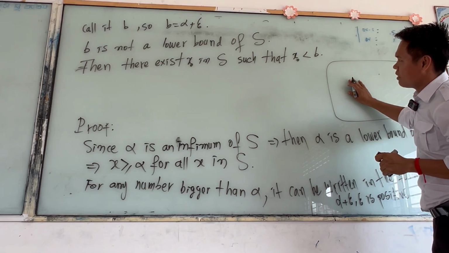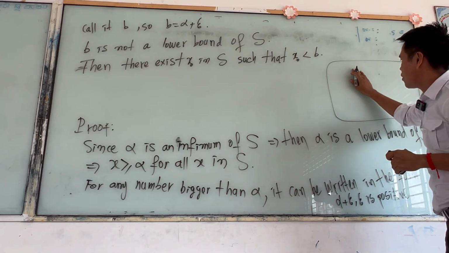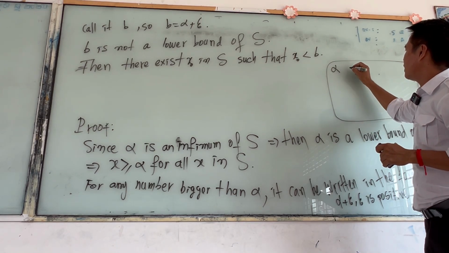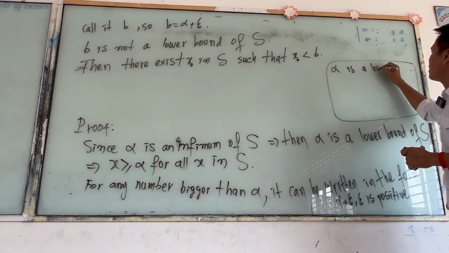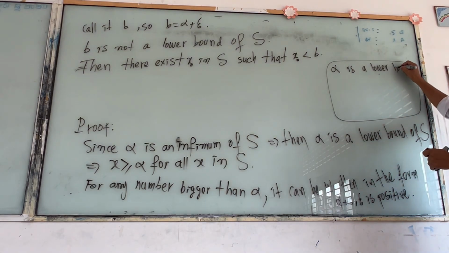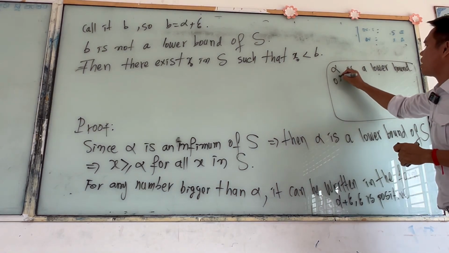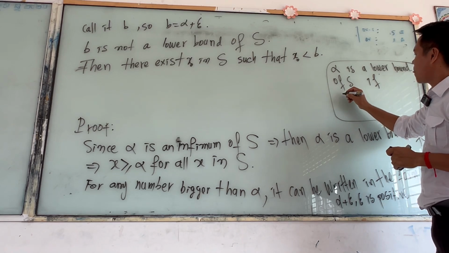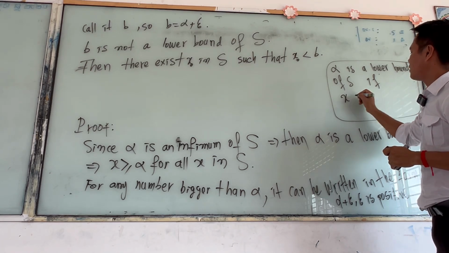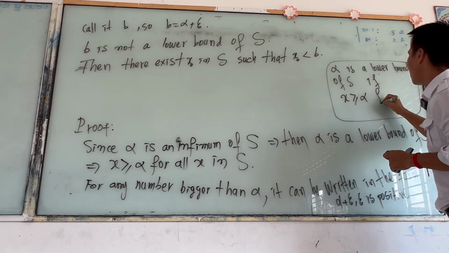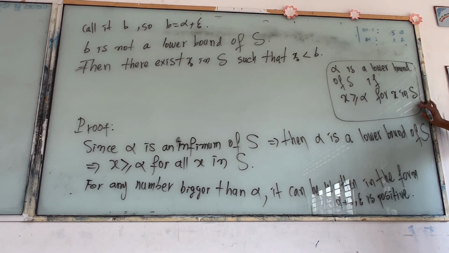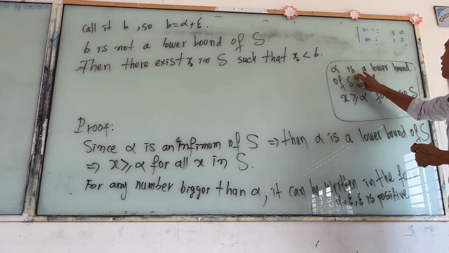What is the definition of lower bound? Alpha is a lower bound of S if x is bigger than or equal to alpha for all x in S. This is the definition of lower bound, right?